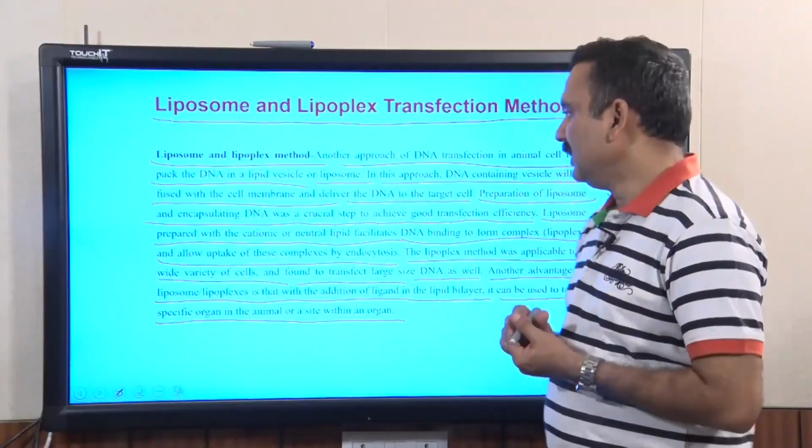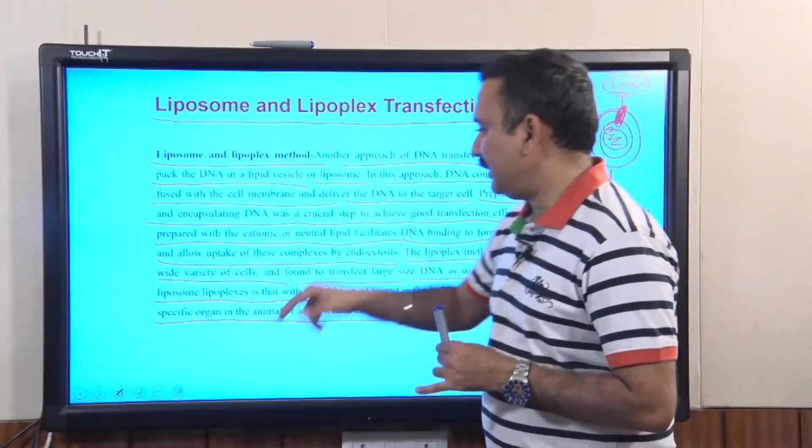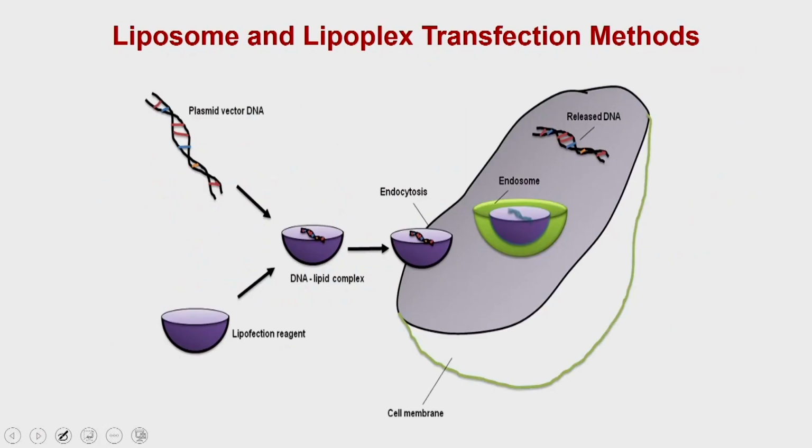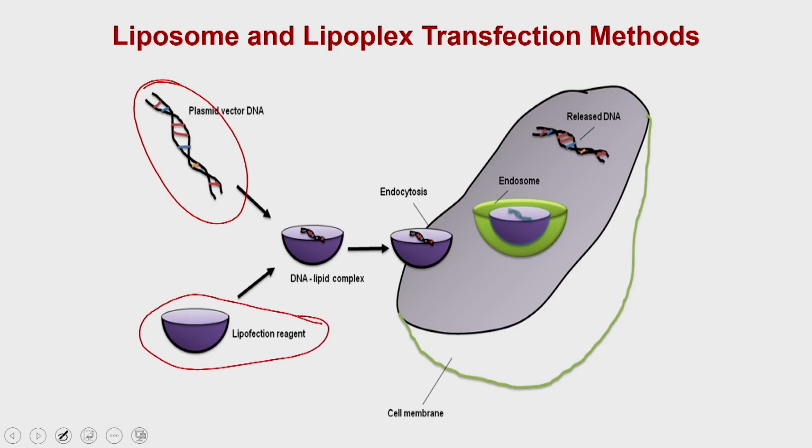In a typical liposome-mediated transfection, you take the plasmid DNA and the lipofectamine reagent. Lipofectamine is a patented transfection reagent available from a company. You mix the plasmid DNA and the lipofectamine together to form DNA-liposome complexes.